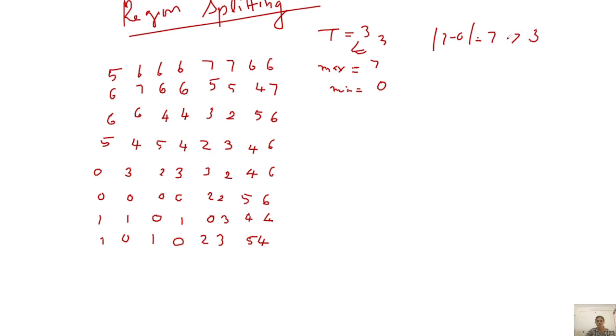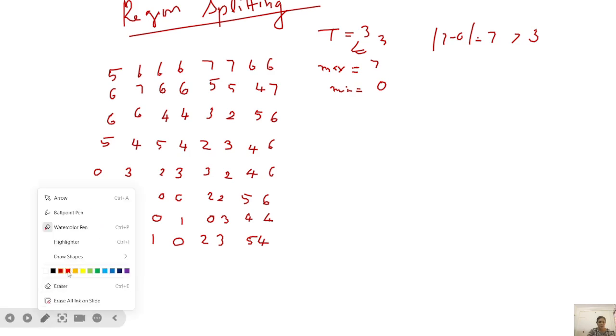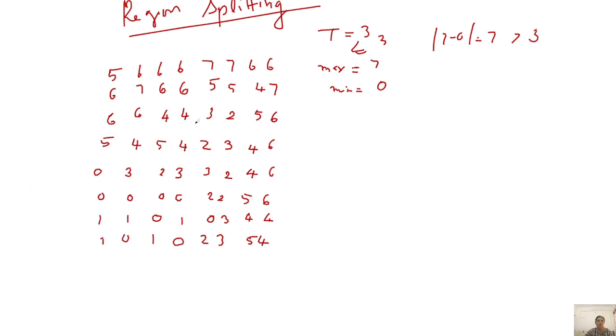So then we have to split this into 4 regions. I'm going to split it because the absolute difference is greater than the threshold. I'm going to split this into 4 equal regions.